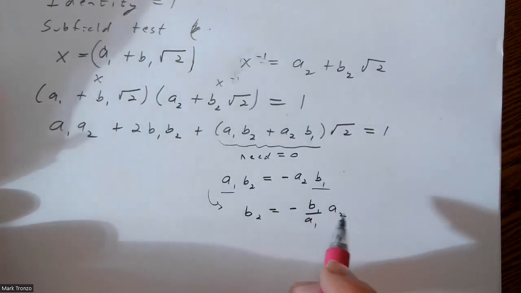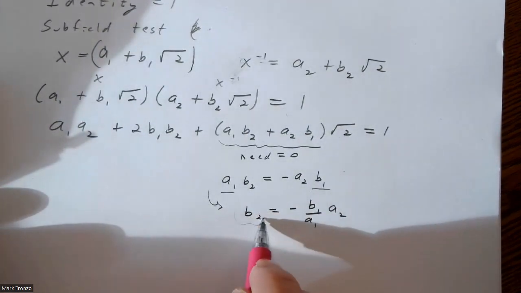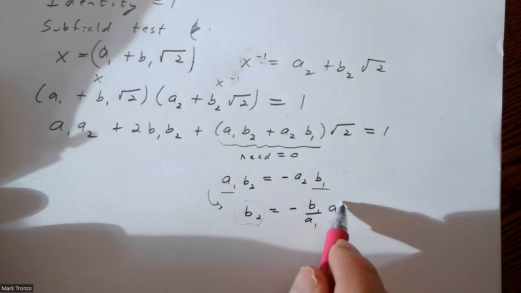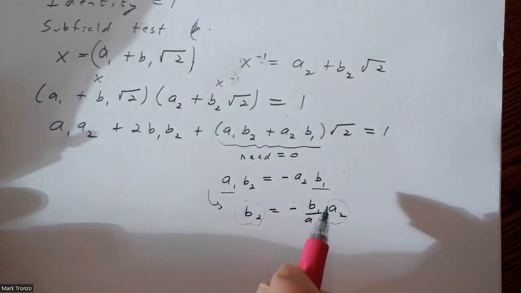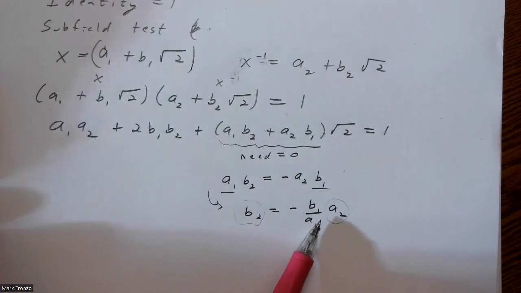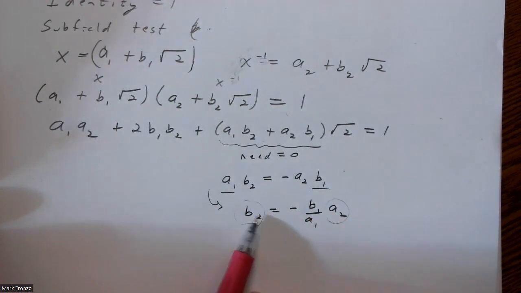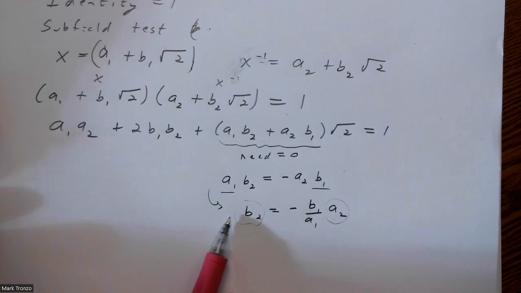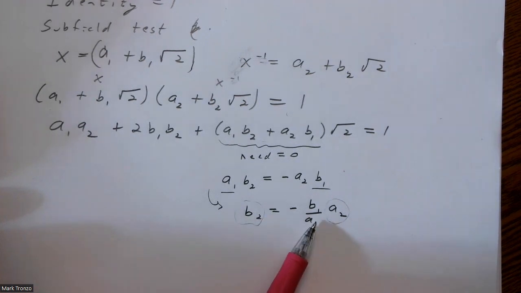So again, the b2 and a2 are the unknowns, because we're given our a1 and b1. And so this is the relationship that we have to have for this to work.